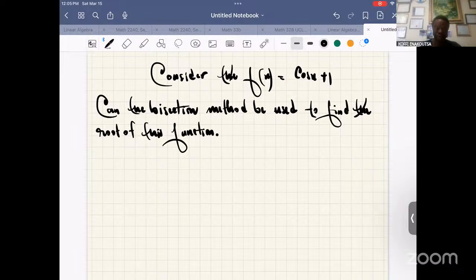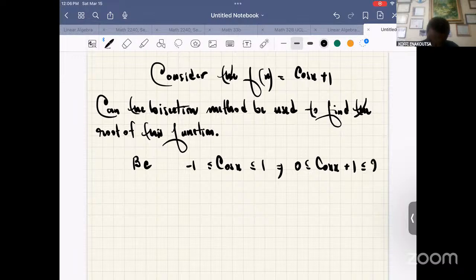So as you can see, f of x remains a positive function because of cosine of x plus 1. Because cosine of x is between -1 and 1, cosine of x plus 1 will be between 0 and 2.